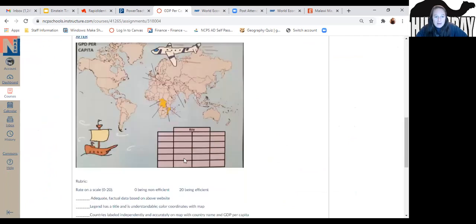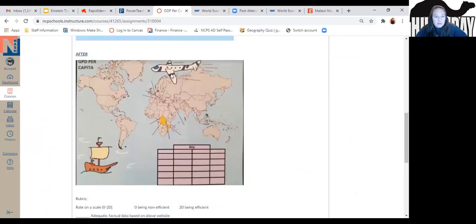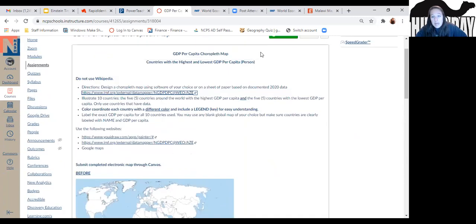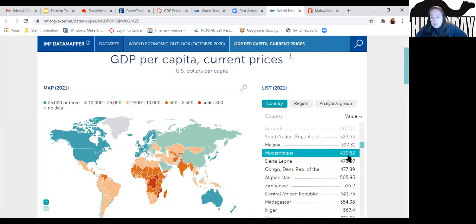This is going to be your after with your additions, your cool colors, and your legend down here, like red is going to be Malawi, green can be Burundi, etc. Label your countries correctly, and also make sure that you include that country's actual GDP per capita.